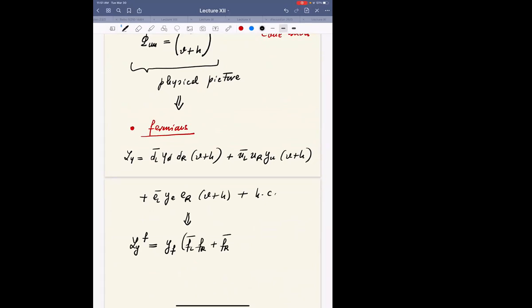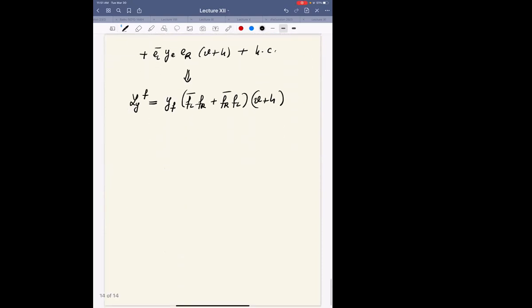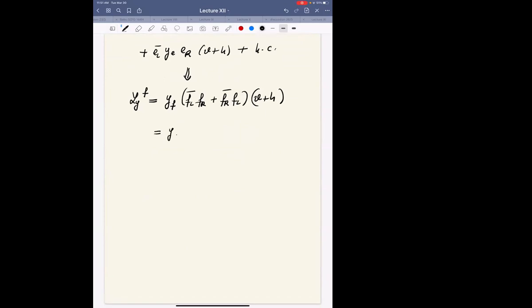Hermitian conjugate is FR bar FL, V plus H. This is Yukawa fermion, F bar F, V plus H. This is mass of the fermion, F bar F, plus Yukawa fermion, H, F bar F. Yukawa fermion times V is the mass of the fermion, identically.